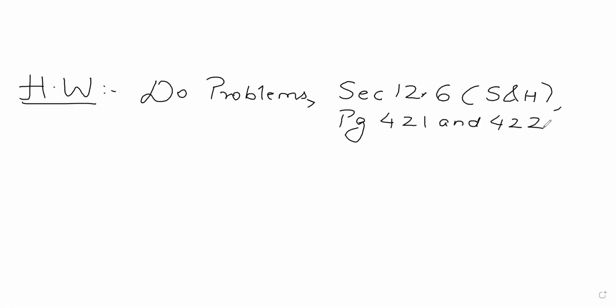These are very simple problems. You will not need my help. These are very simple problems for you to solve. So do these problems, section 12.6 of Sitsater Hammond, page 421 and 422.